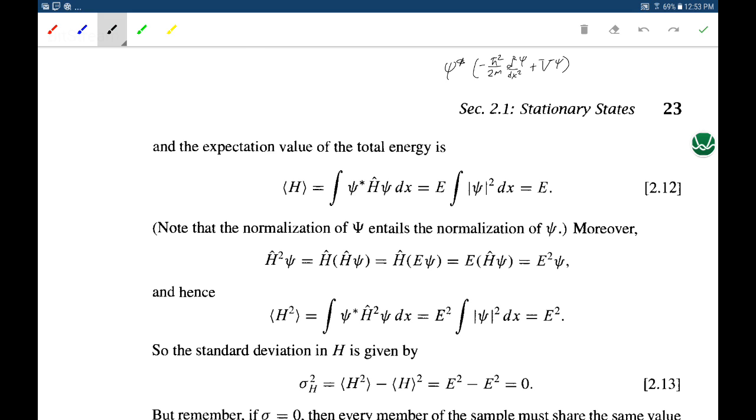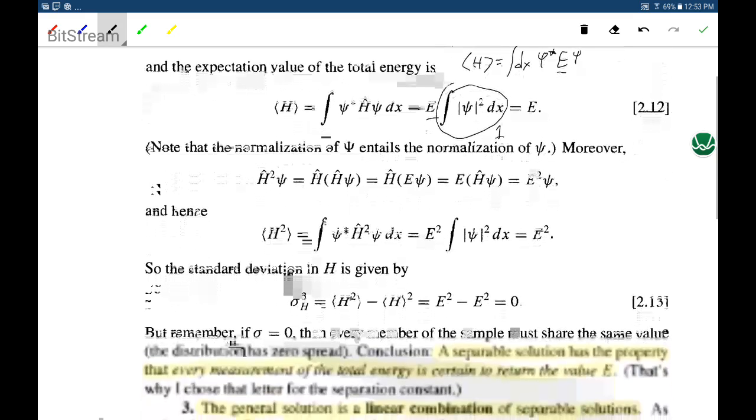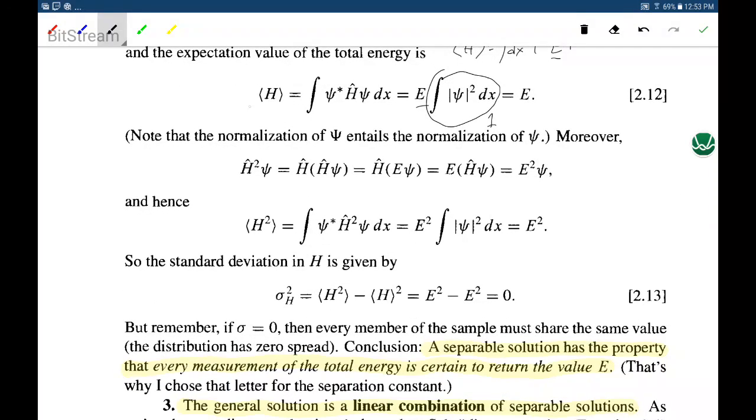But as I just said, all of that equals E psi. So now I have my integral: the expectation value of my Hamiltonian, integrated over dx, equals this. I can just pull my energy outside the integral. And I know that the remaining integral equals 1, because that's the probability of finding my particle anywhere. So my expectation value for my Hamiltonian is just the energy.